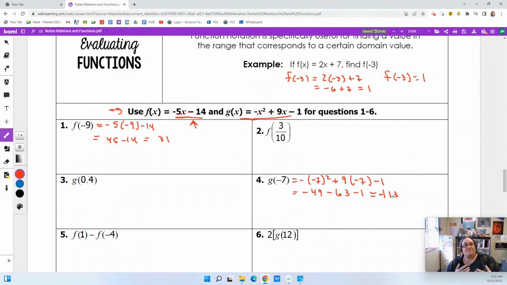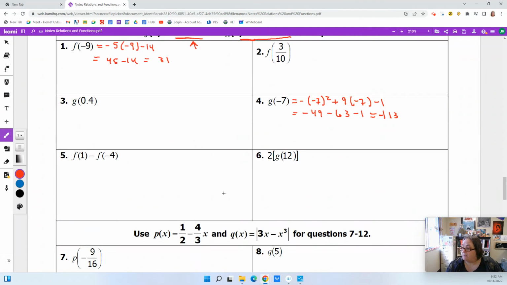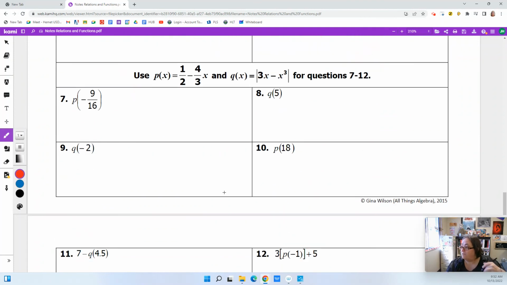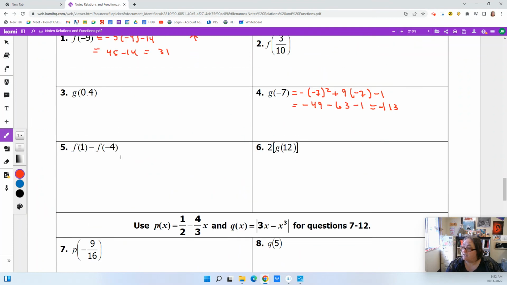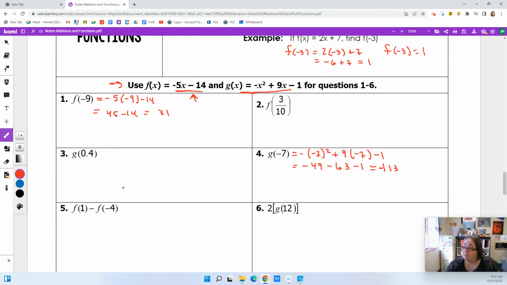So do you kind of get it as far as plugging numbers in goes? What if I have something? I'm not going to go into all of the problems, but I just want you to see, like, this one's got 2 f values. It says f of 1 minus f of 4.